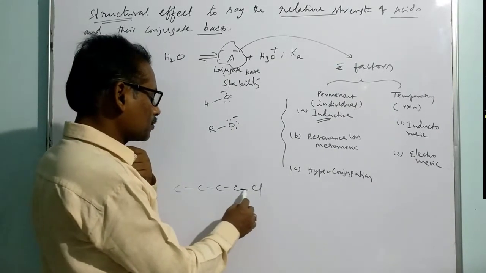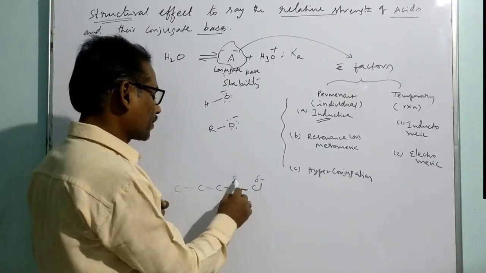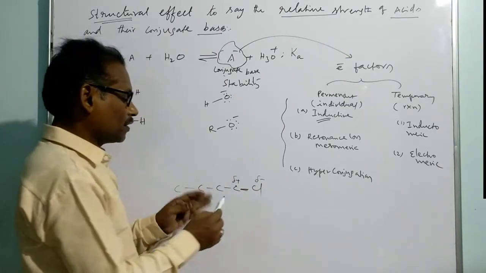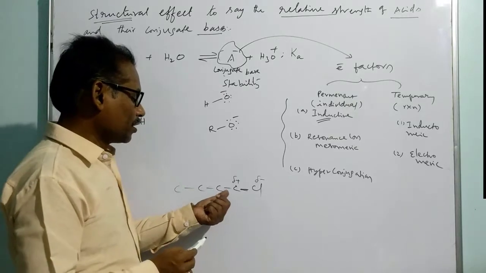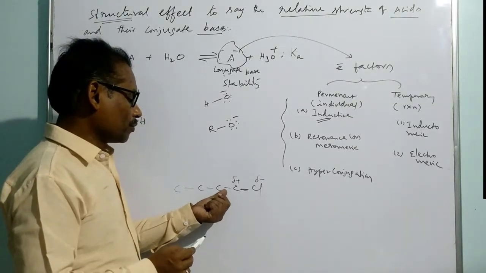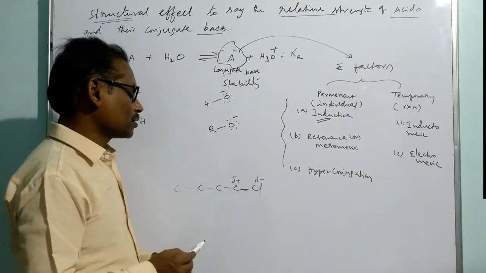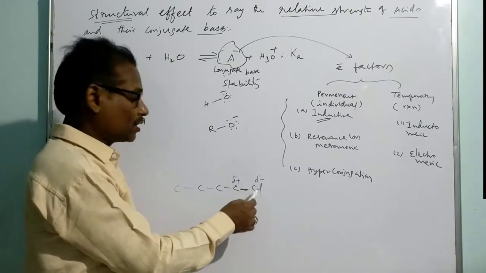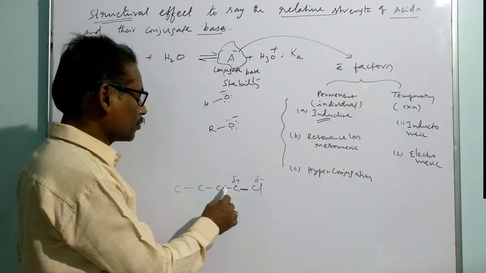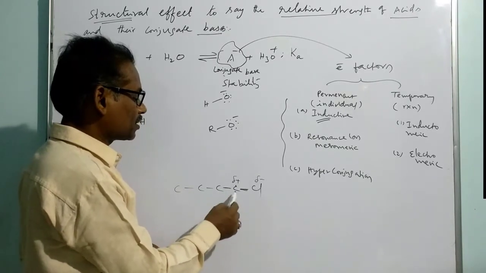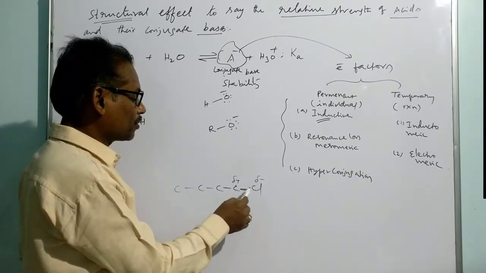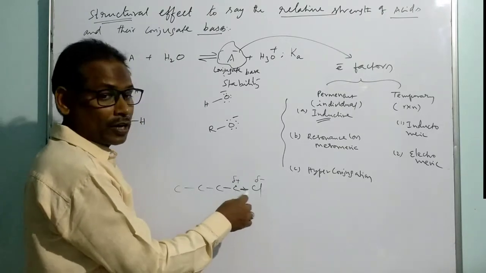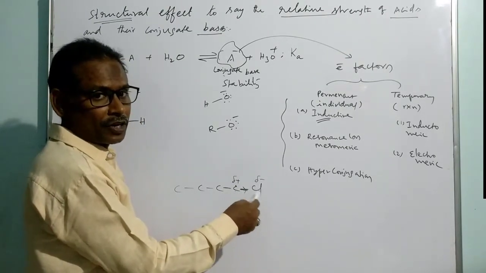That means this bond will be polarized, and the polarity of this bond will influence the polarization of the adjacent bonds. As this sigma bond is polarized because of the higher electronegativity of this element, this bond will also be polarized, but to a somewhat lesser extent. There is a movement of electrons from carbon to chlorine because of bond polarity, the difference in electronegativity.